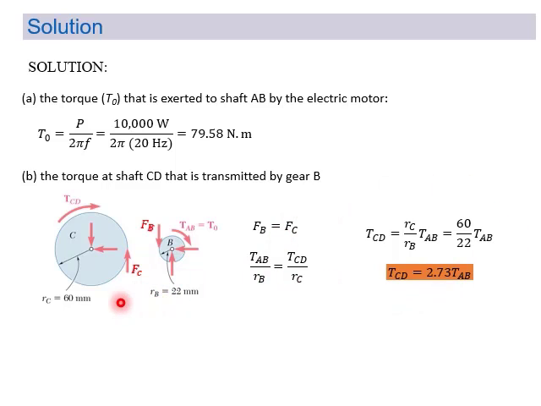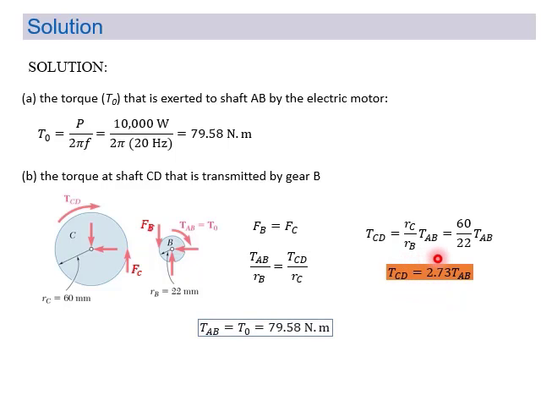Knowing that RB and RC have a different value, you can then get this relationship. TCD is equal to RC over RB times TAB. So you will get this value, which is TCD is equal to 2.73 times TAB.